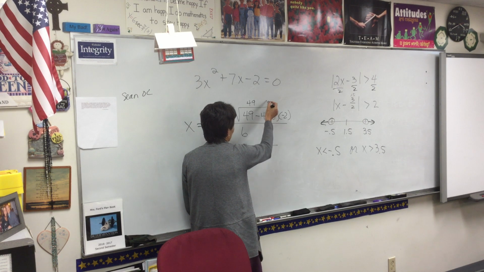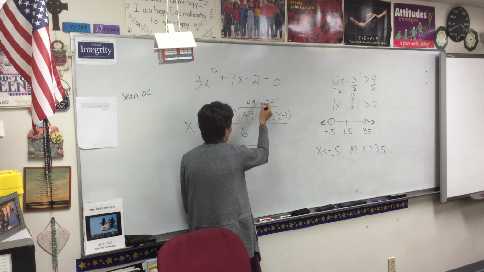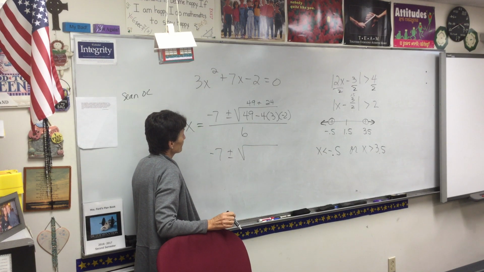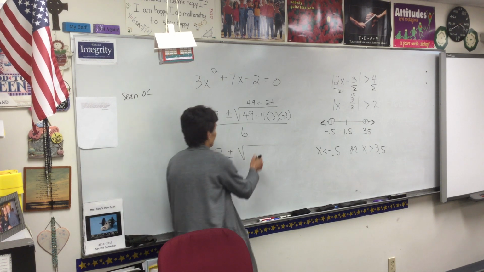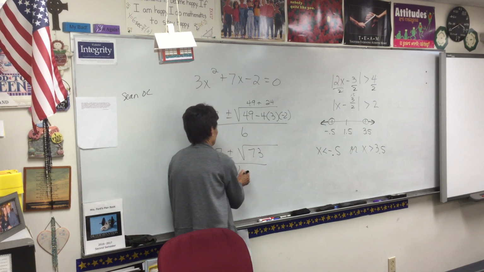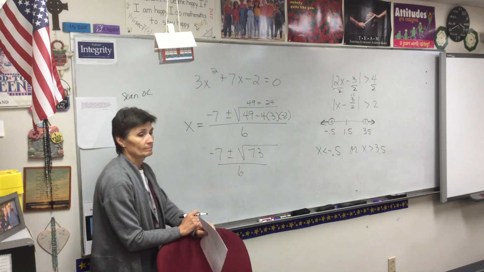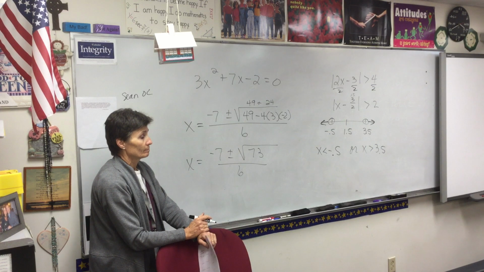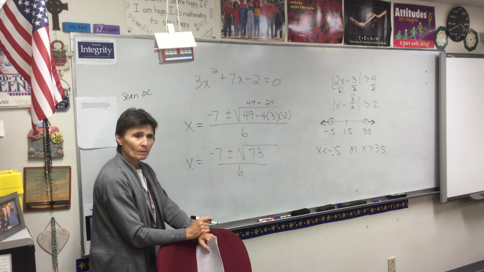This is going to be what, 24? And I'm going to add those because I have a negative. So 73. And I don't think that breaks down. So we're done.